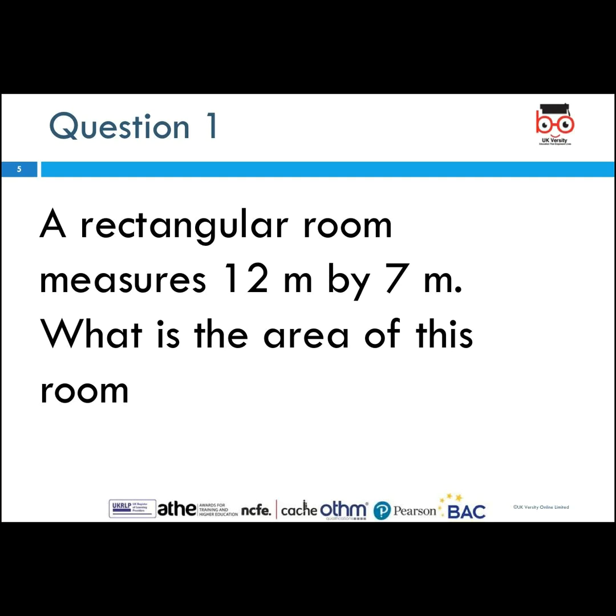Yeah. Okay. So who got 84 meters squared too? Yeah, I got it. Yes, that is 12 multiplied by 7. So again, it gives you what? 84 meters squared. Okay, good.